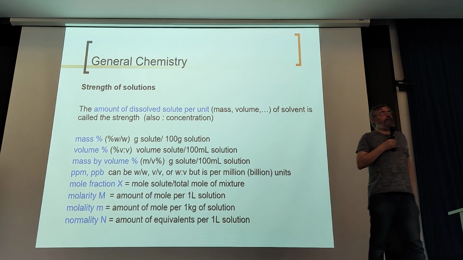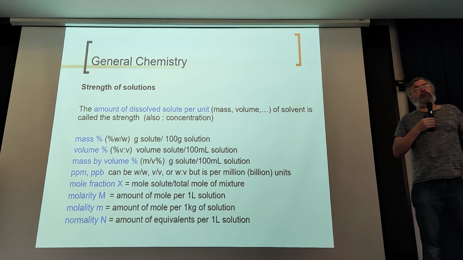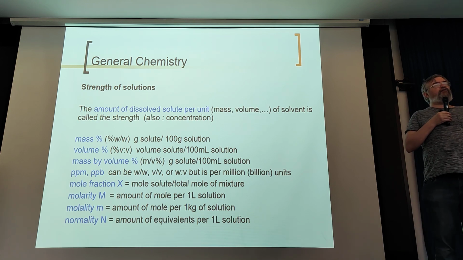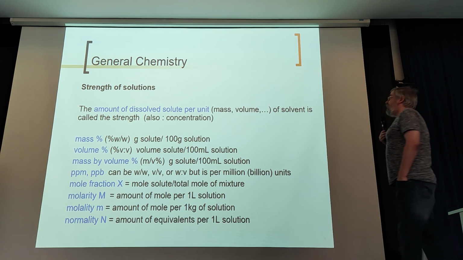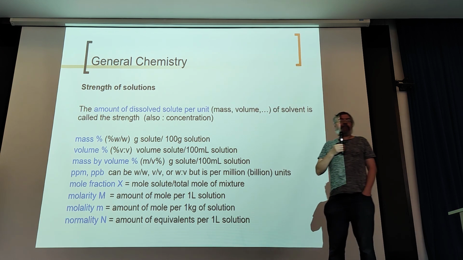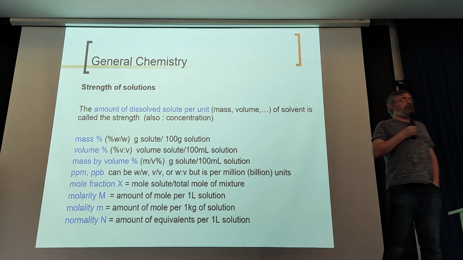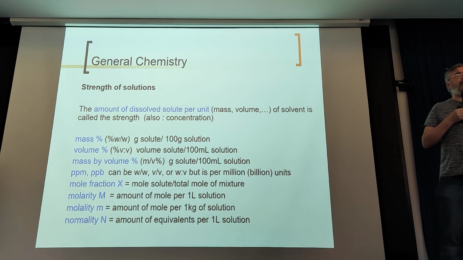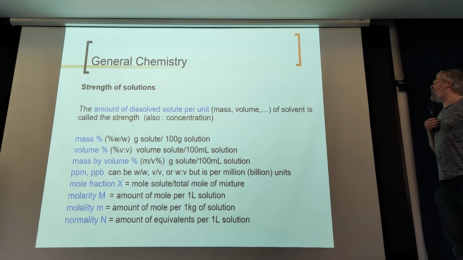Now, again, if you want to do stoichiometry, we have to know about concentrations, about the so-called strength of solution. And this is about the contents. So how much of each of the components in every mixture is there, how much solute is there in the solvent.